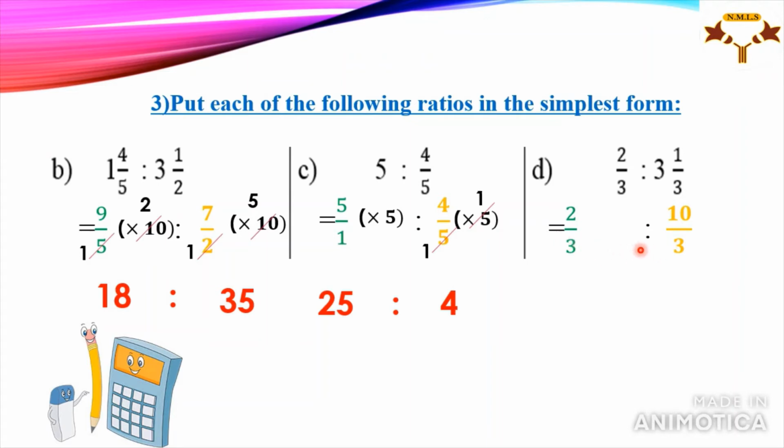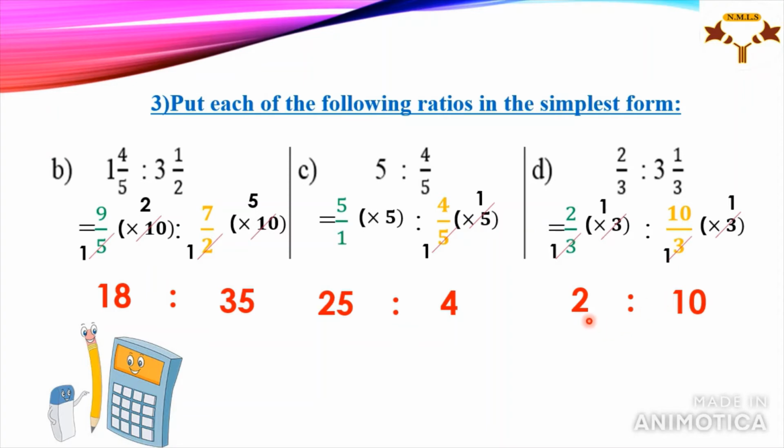The denominators are both surely divisible by 3, so I will multiply both fractions by 3. Simplify: divide 3 by 3, 1, and 3 divided by 3, 1. Now multiply: 1 times 2 equals 2, and 10 times 1 equals 10.